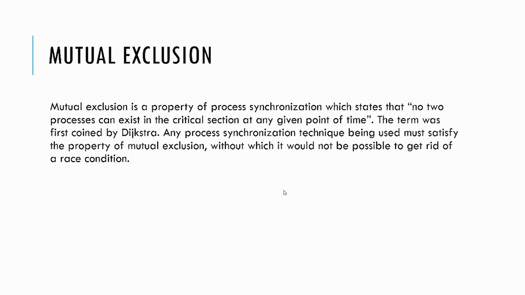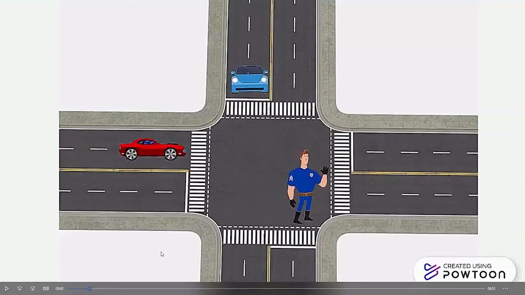Mutual exclusion is part of process synchronization, which says that no two processes can exist in a critical section at a given point of time, which means at the center of the cross section only one process or one car can be inside there at a given time. This is a process synchronization technique, mainly used to prevent race conditions and errors. With that, I think now we can see the demonstration on how this works.